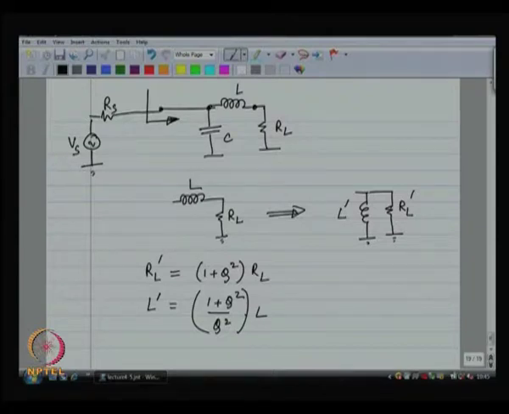I do not need to rewind back all the way to the previous class to figure this out. The easy way to remember these expressions is as follows. The inductor value is hardly going to change. So, it is going to be 1 plus Q squared by Q squared, or it is going to be Q squared by 1 plus Q squared, if Q is large.